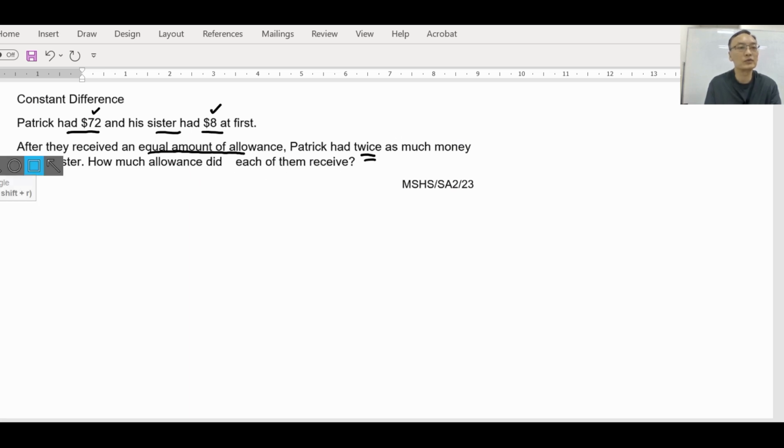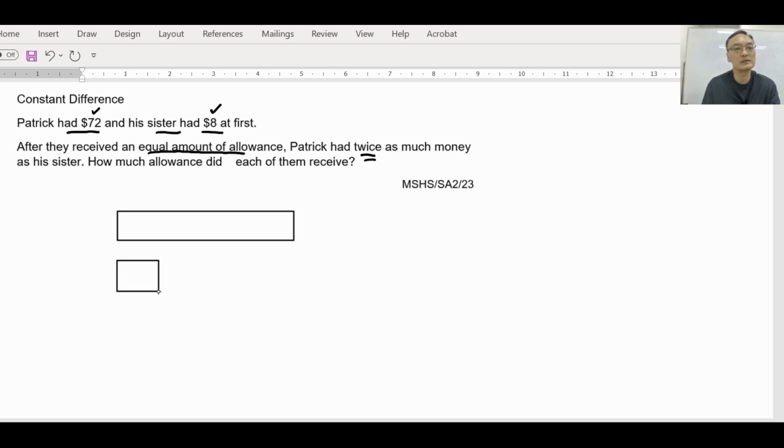So after reading the question, let's organize this information that we highlighted in the form of a model. So we know that Patrick has 72 and the sister has $8. So we write here $72 and over here 8. They each receive an equal amount of allowance.